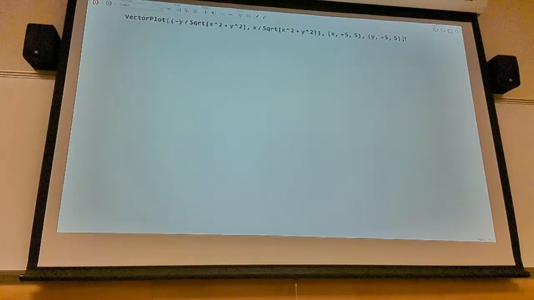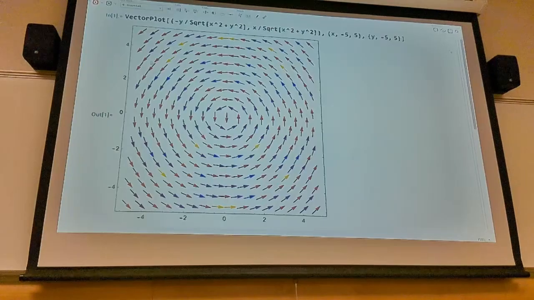I'm going to ignore the circle for right now. So that's the bare minimum, and that's what it will give us. There are a ton of options.